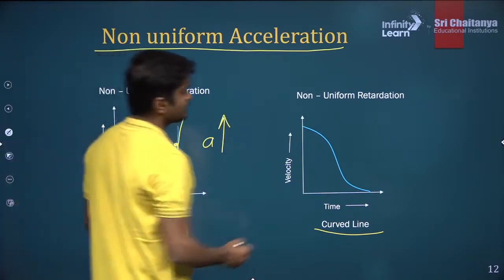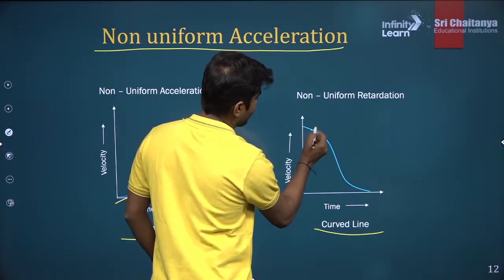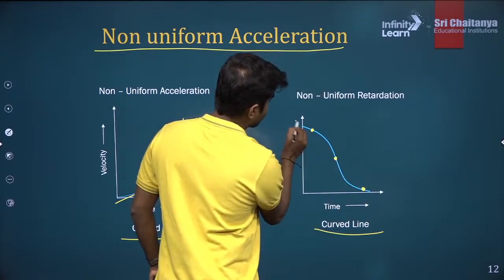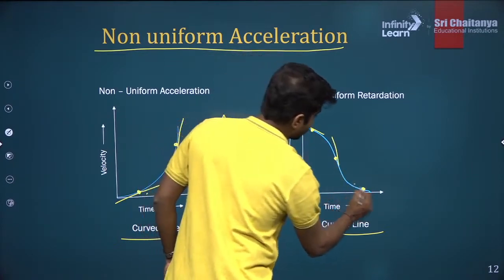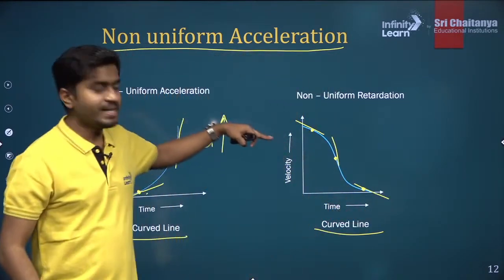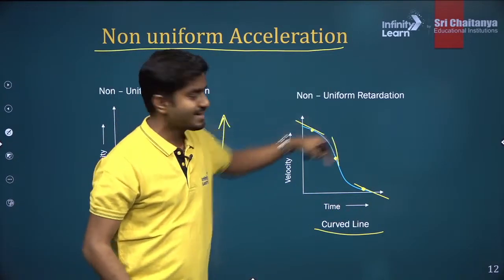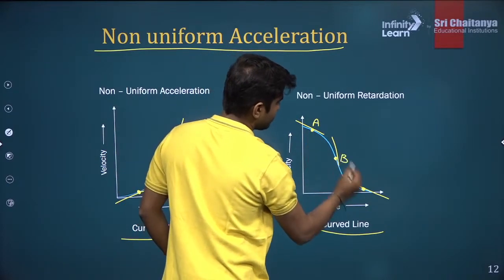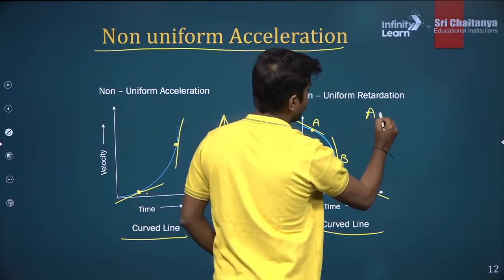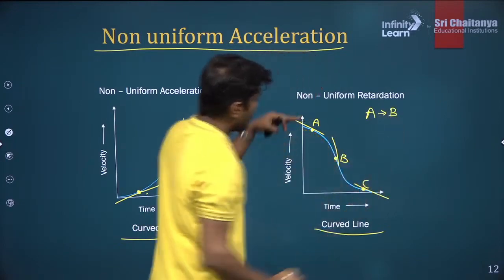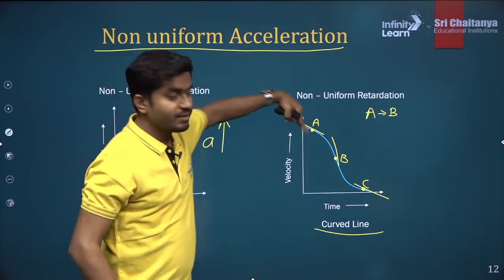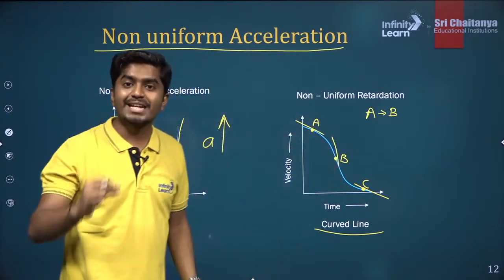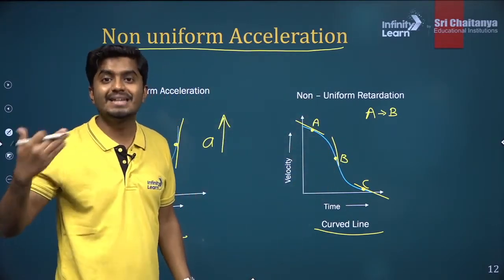How about here? Let's suppose you take different points, point number 1, point number 2, point number 3. These are the tangents. In the first region, from A to B, the magnitude of the slope of the tangent is increasing.